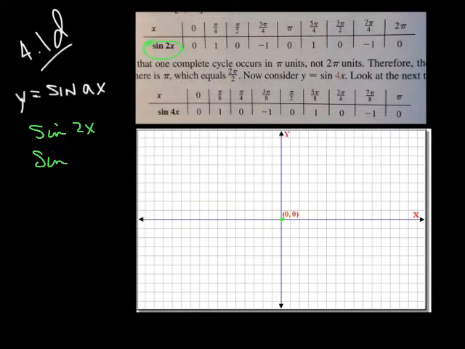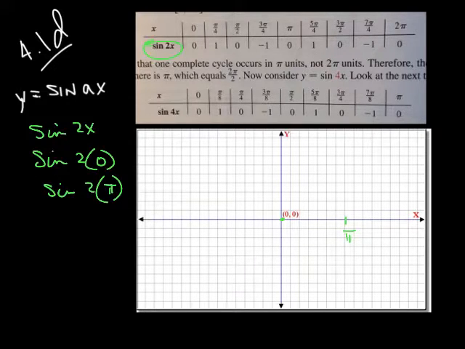So we take the sine of 2 times 0. The sine of 0 is 0. Now let's take pi. Let's put pi here, and take the sine of 2 times pi, because that's our x. When we take the sine of 2 times pi, we get 0.